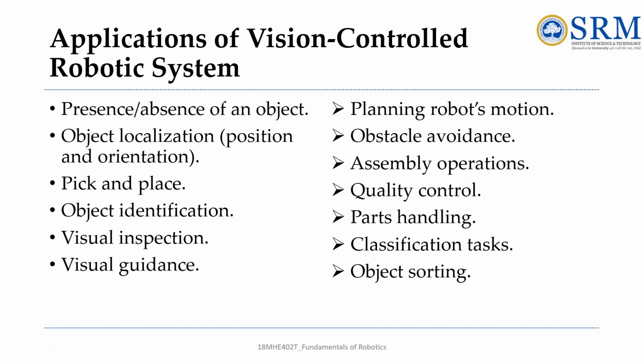It's like giving the robot eyes to see and understand what's around it. These systems are handy for tasks like checking things, guiding the robot's movements, avoiding obstacles, putting things together, and making sure everything is of good quality. Okay, they can also sort objects, identify them, and handle parts in various applications.